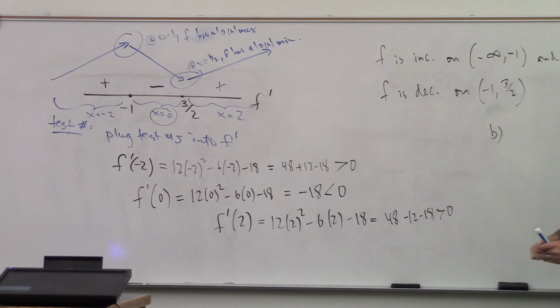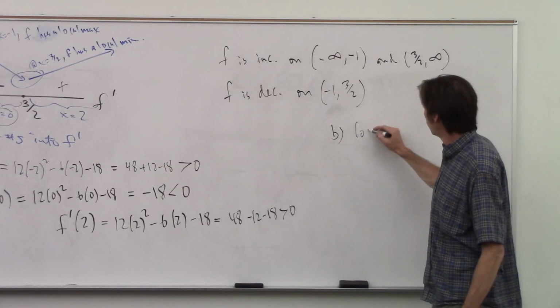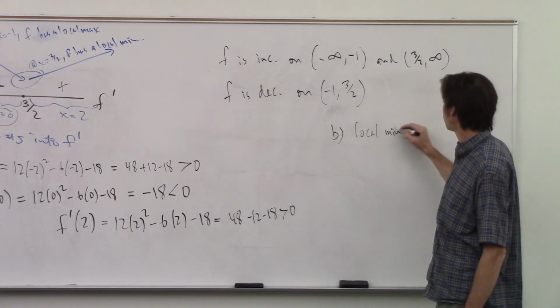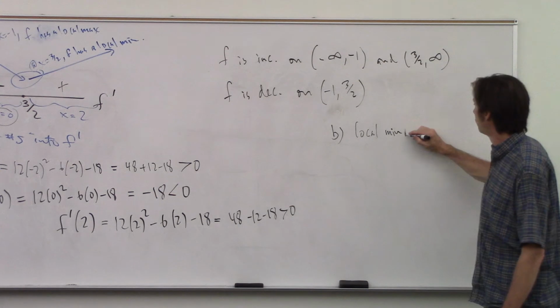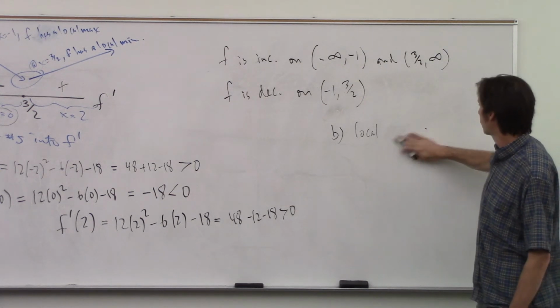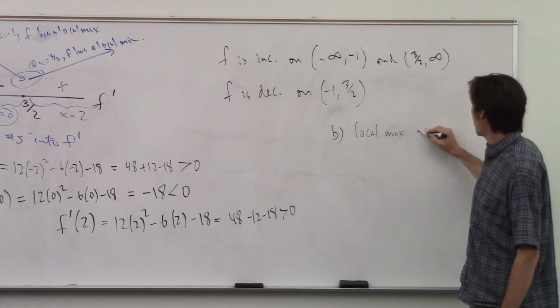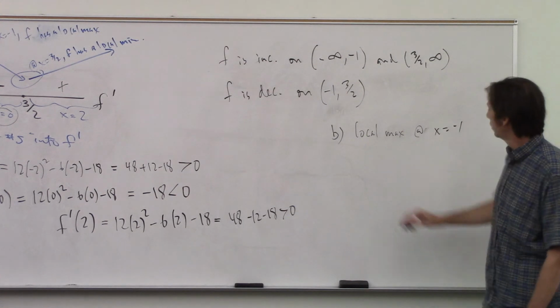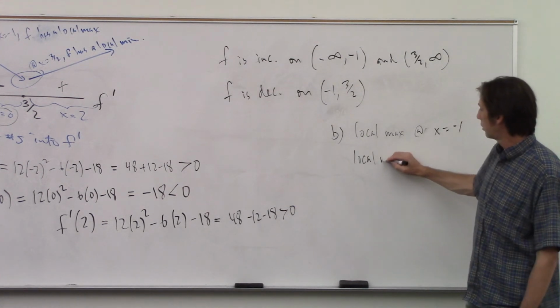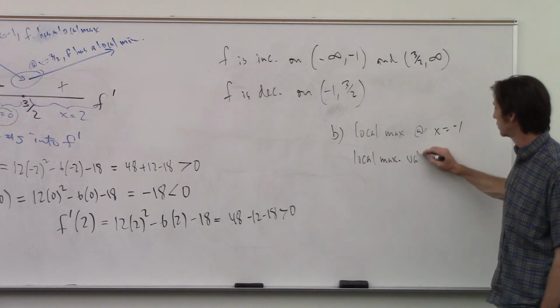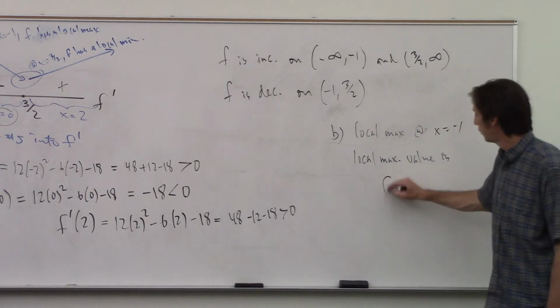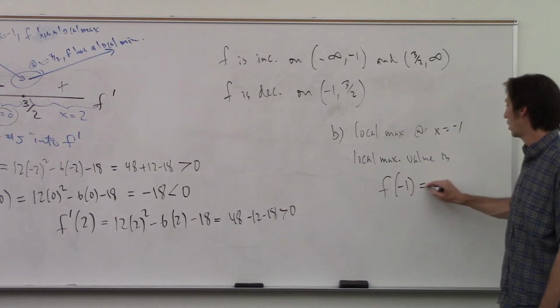In other words, the answer to part B is that we have a local max, I guess we'll start with, at x equals -1. So that's where it occurs. And also the local maximum value is the value of the function at -1.